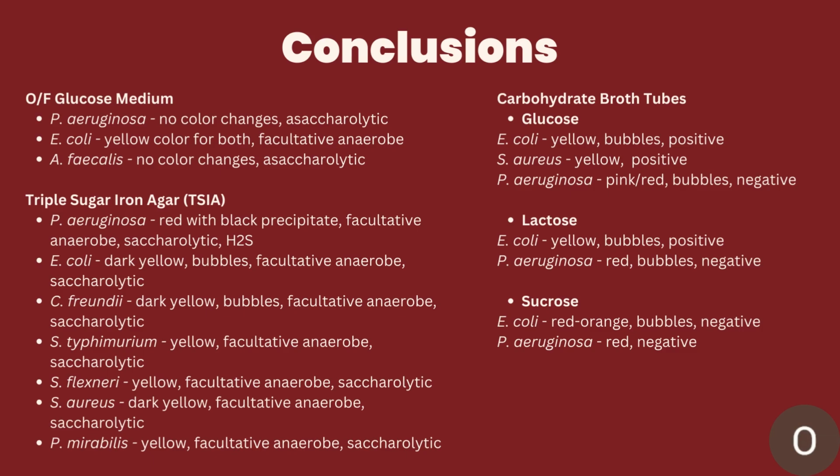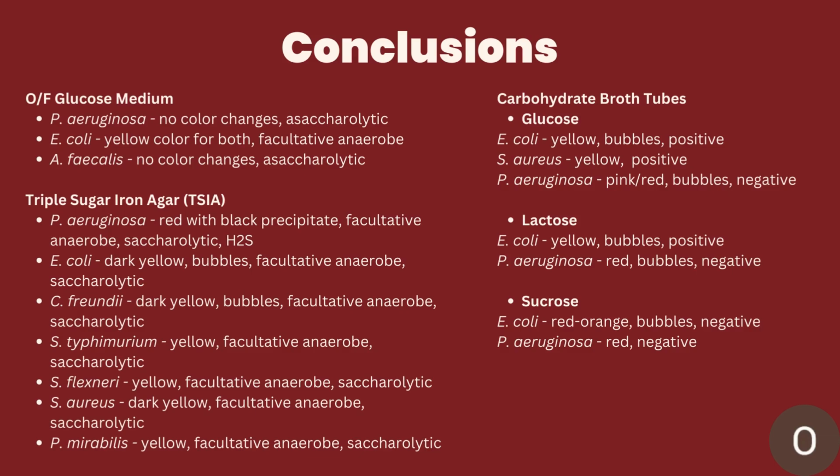And for E. coli, it turned all yellow. This tells us that it's a facultative anaerobe and that it's saccharolytic. So this bacterium utilizes glucose, lactose, and/or sucrose, and it turned the medium yellow because it produced acid byproducts.